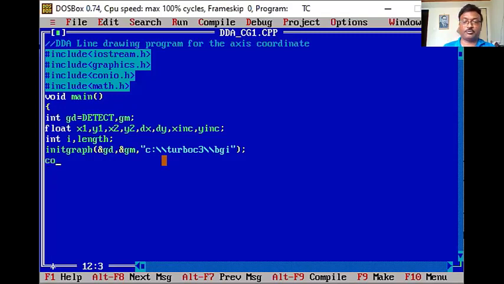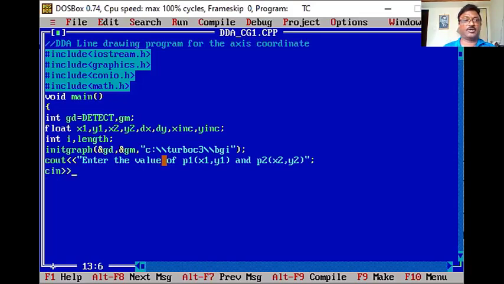Now, I have to read, enter the point P1, x1, y1, x2, y2. So just enter the value of P1, what is x1, y1, and P2 is what, x2, y2. That value you can read with cin.